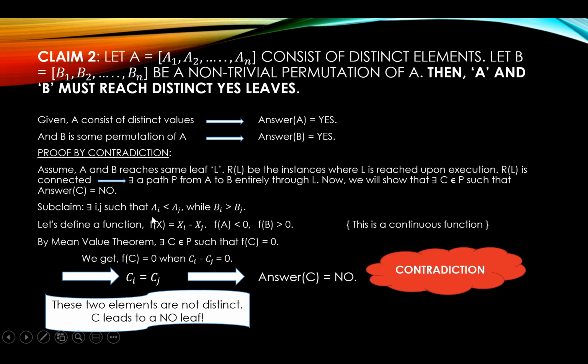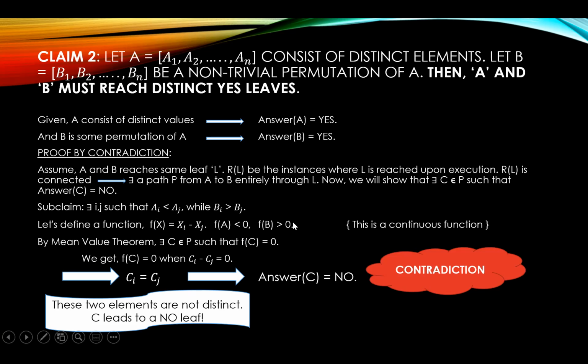When we apply this function to the input array A, we see that Ai minus Aj will always be less than 0. And when we apply this function to B, we'll see that f of B will always be greater than 0.